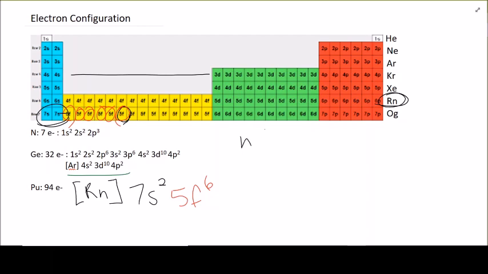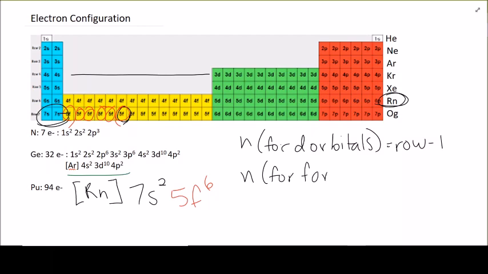For d orbitals, n is equal to the row minus 1. And for f orbitals, the n value is the row minus 2. And so that's why it's 5f instead of 7f.